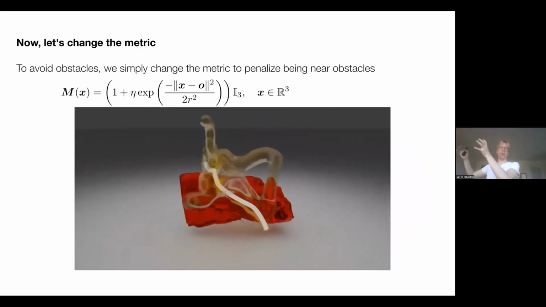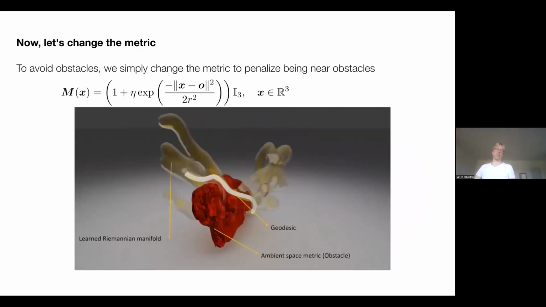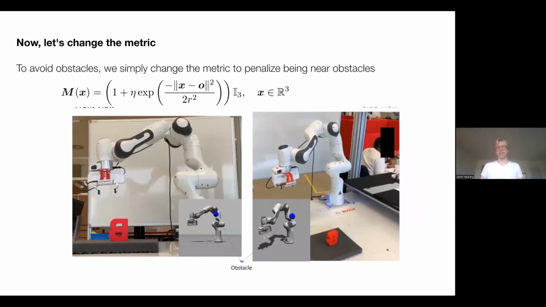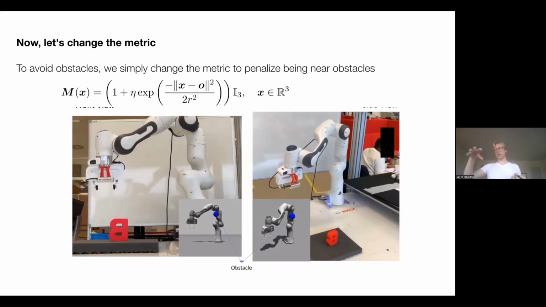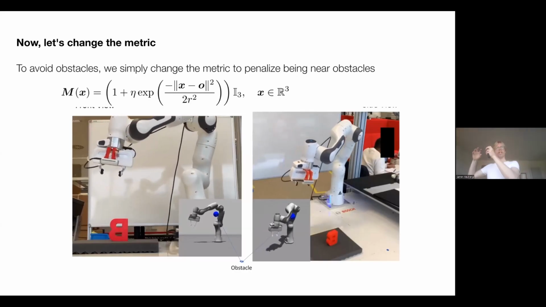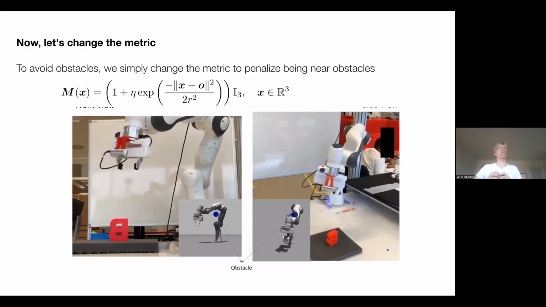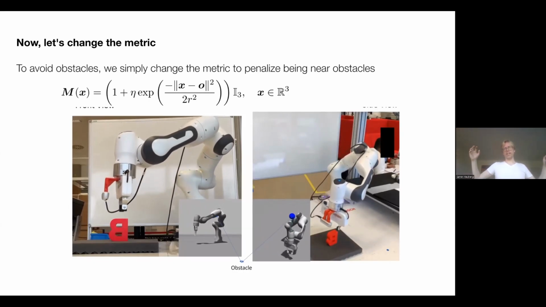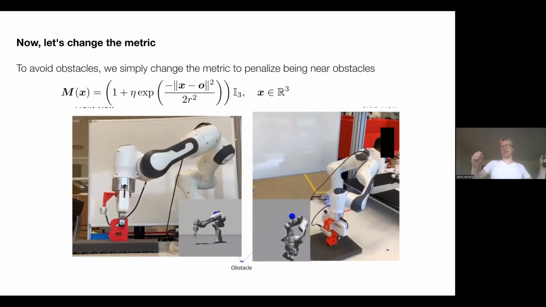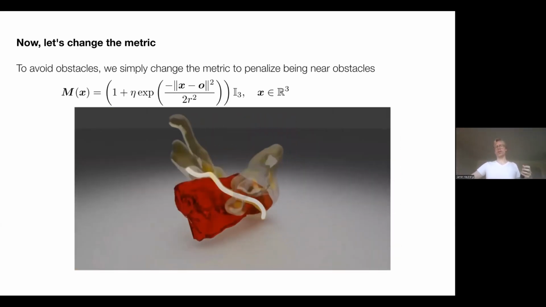So we can place another metric in the ambient space. And what we're doing here is modifying this metric a little bit, such that if there's an obstacle, we let the ambient space metric take on very, very large values. And that has the effect that it becomes very expensive for a geodesic to walk near an obstacle.